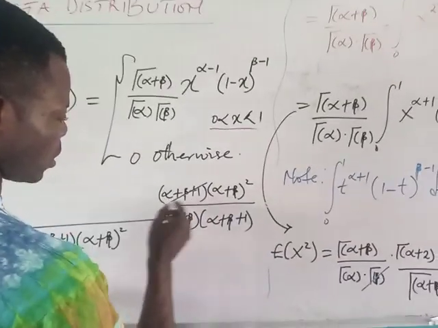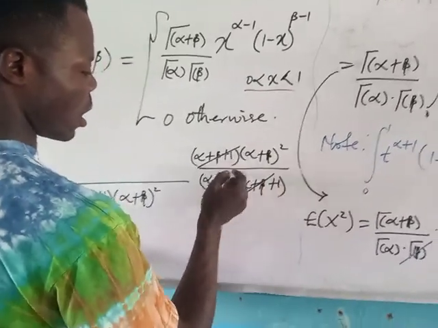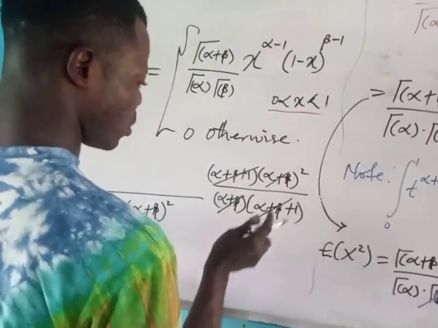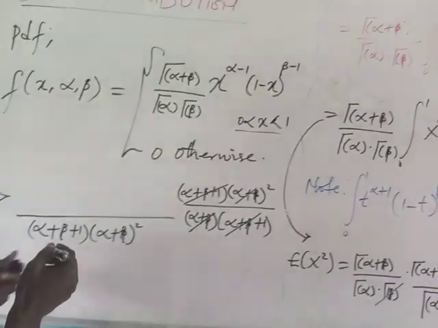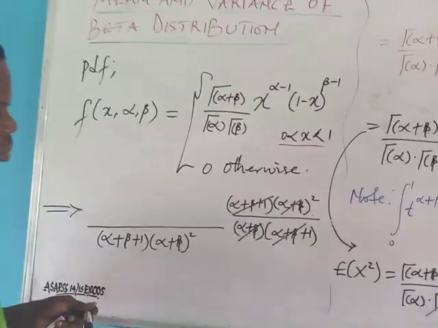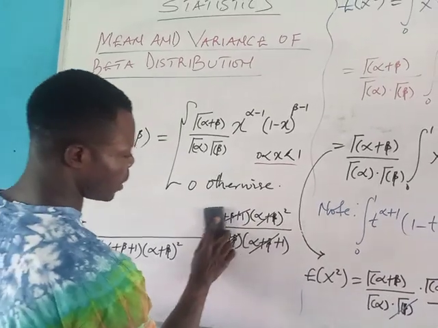We discover that this will cancel and 1 will cancel here, remainder 1. So this goes in this will just be one of this, which is alpha plus beta.